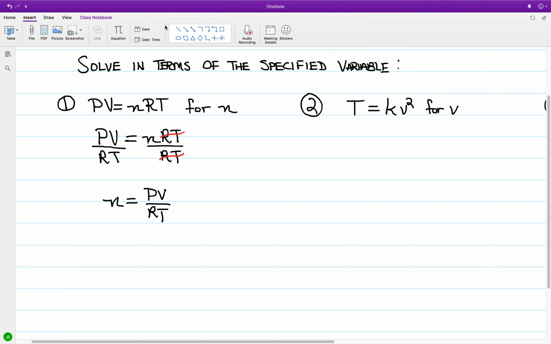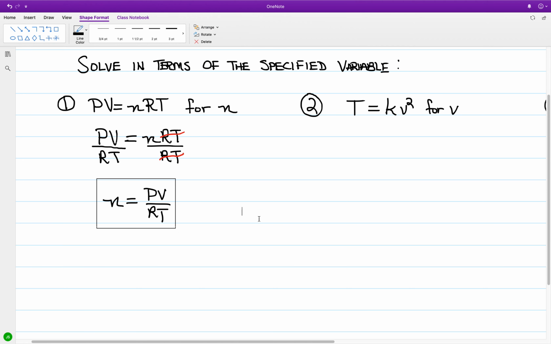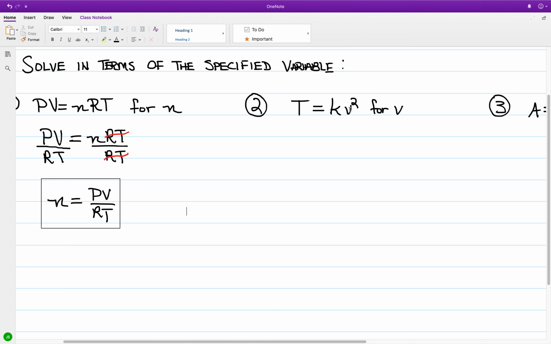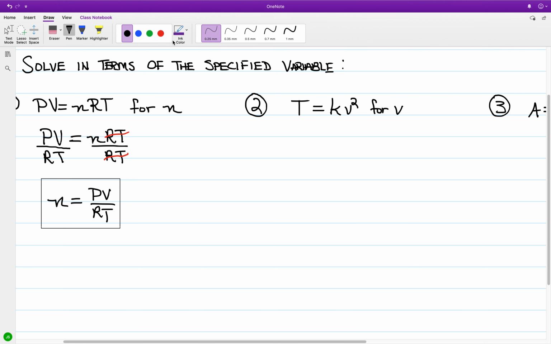Now for the next item, let's say we have an equation where T is equal to K times the square of V, and I'm looking at solving for V. So we have T is equal to K times V squared. To solve for V, right now I can take care of the coefficient K, so I can undo the multiplication by applying division by K at both ends.